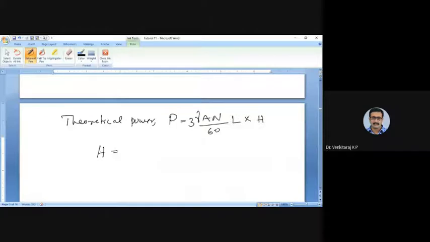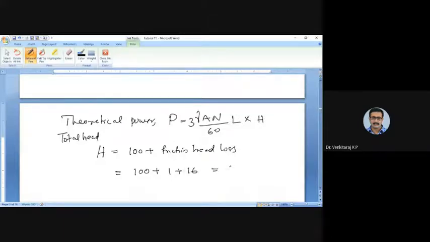So the total head H will be equal to 100 meter plus friction losses given in the question as 1 plus 16, so 1 in the suction pipe and 16 in the delivery pipe.